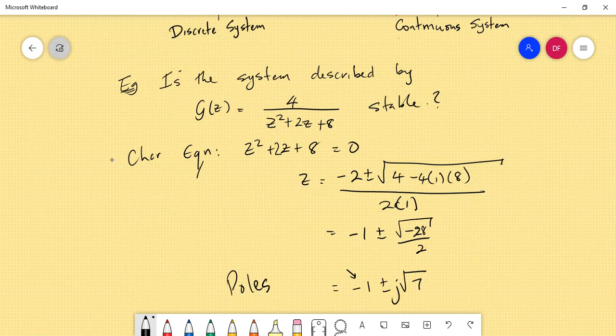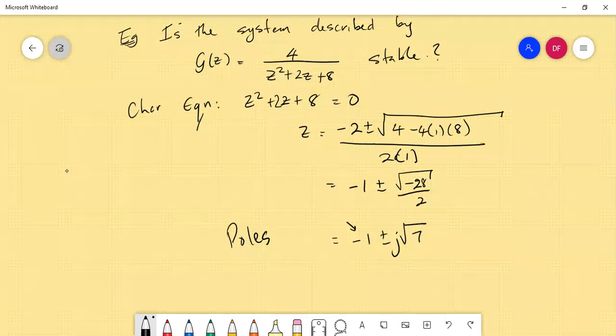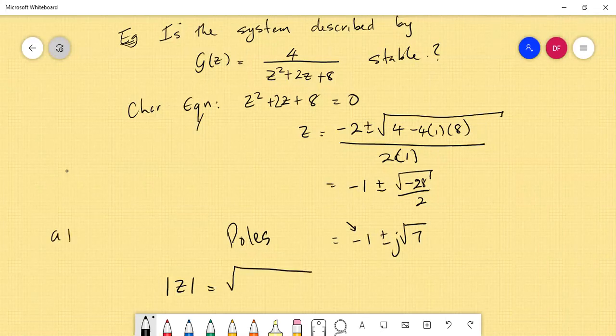So these are my poles of the system. The characteristic equation, the denominator of the transfer function equals 0, and my poles are negative 1 plus or minus root 7 j. So what I have to do is find the modulus of that. The modulus of a complex number a plus b j is the square root of a squared plus b squared.